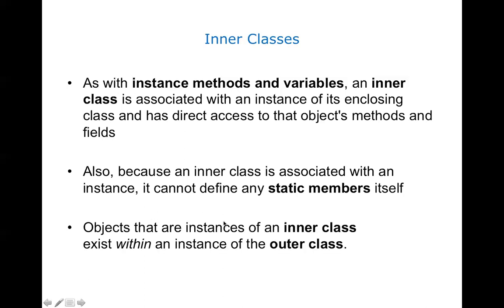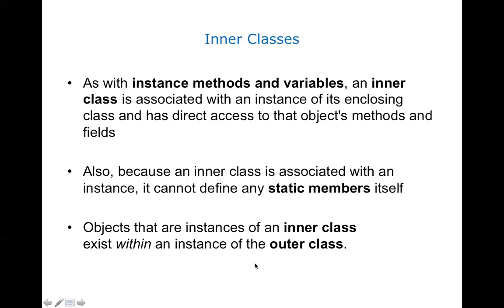And objects that are instances of an inner class exist within an instance of the outer class. So when it comes to objects, you have an outer class and an outer object. The object of the inner class, which is defined inside the outer class, will exist inside the outer class object.